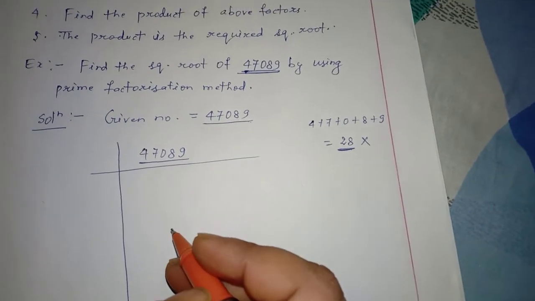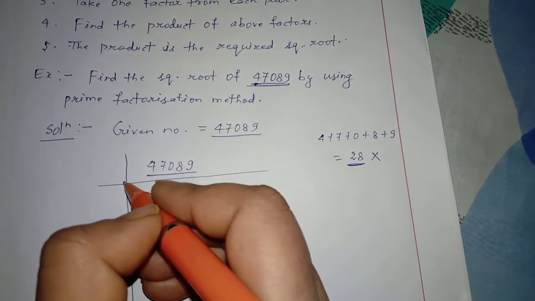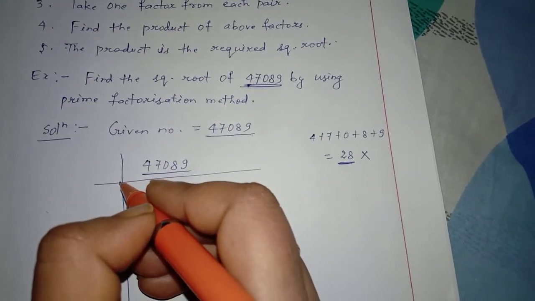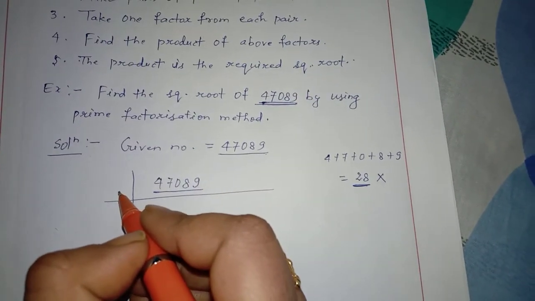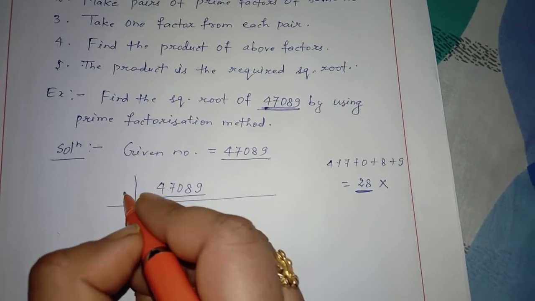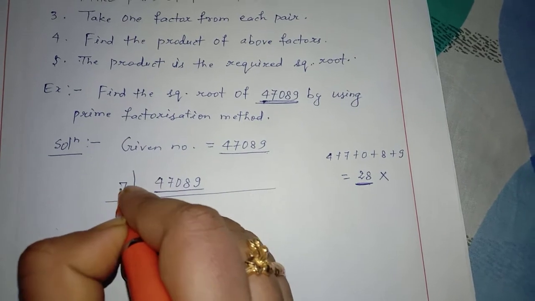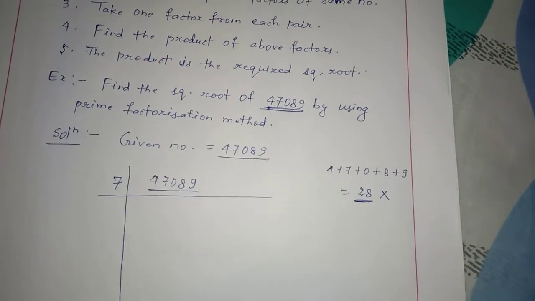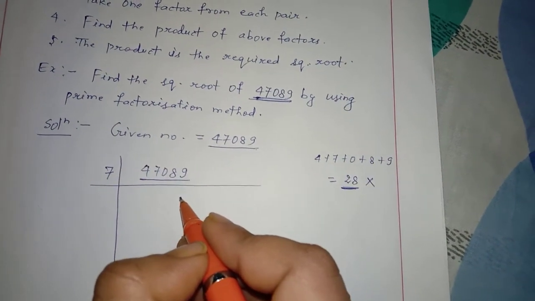Again, which number will we take next? So we can take 7. Okay. And I think it will be divided by 7.